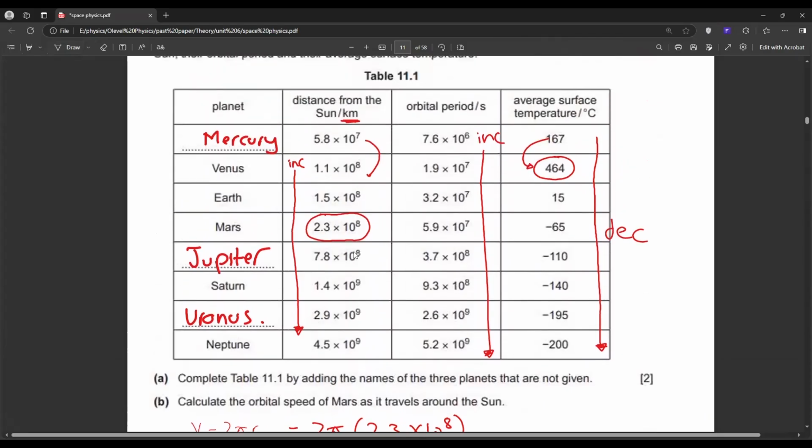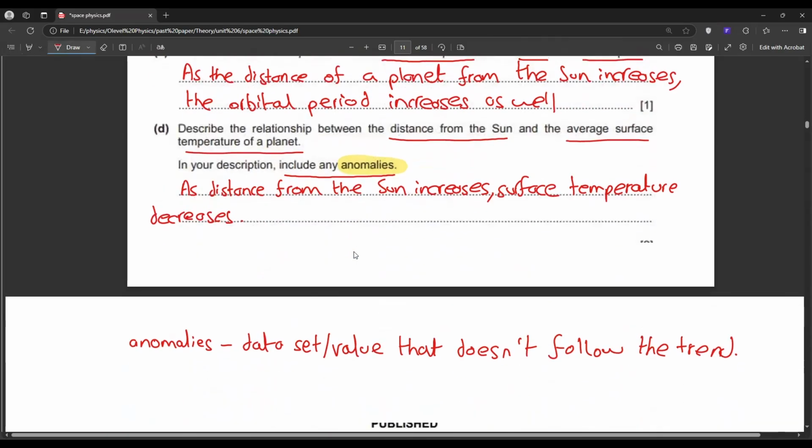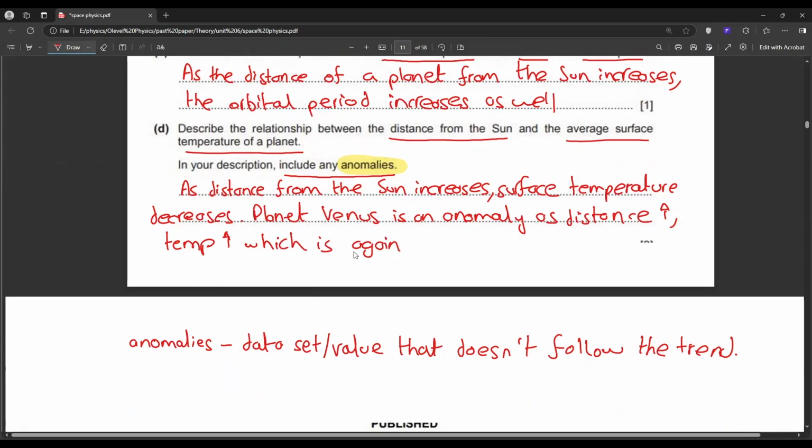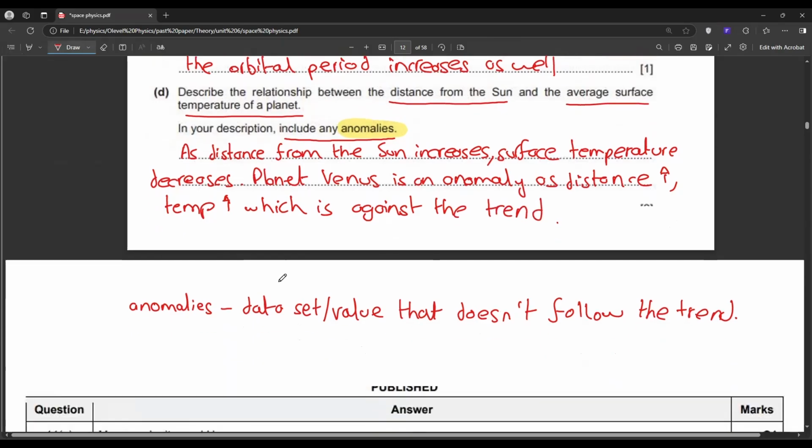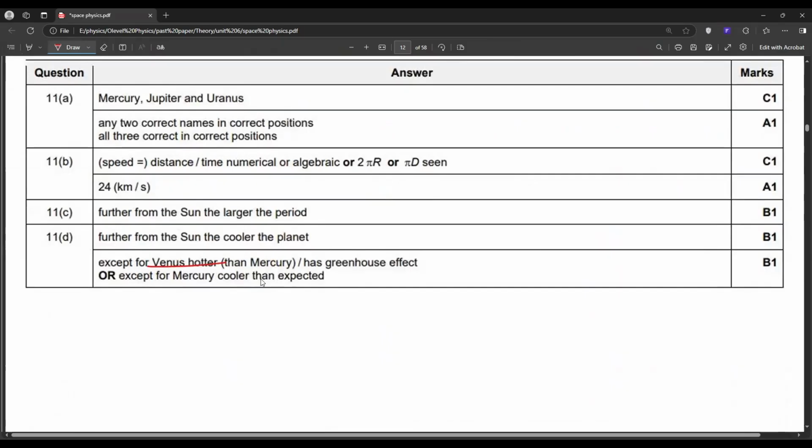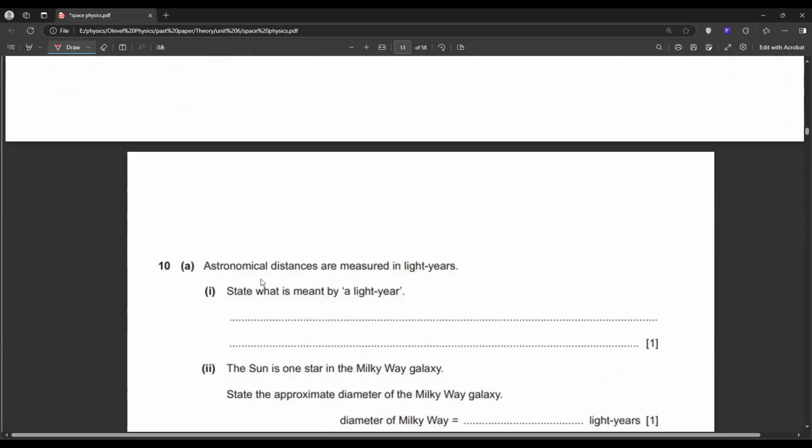So you can say the planet Venus is an anomaly as distance increases, temperature also increases, which is against the trend. Let's check the marking scheme as well. Yeah. We have Venus as an anomaly; further from the sun, cooler the planet. Simple. Let's move on to the next question.